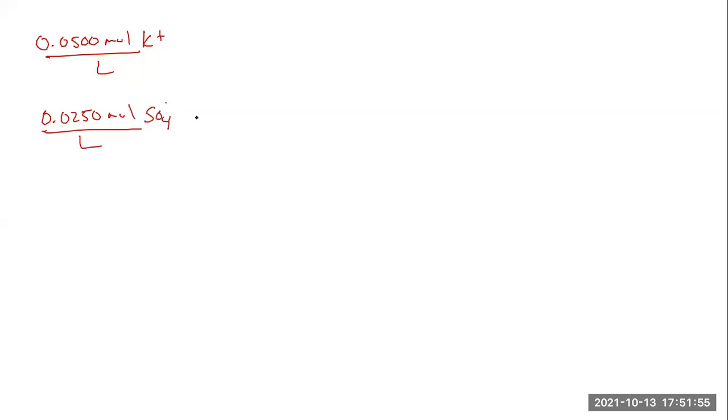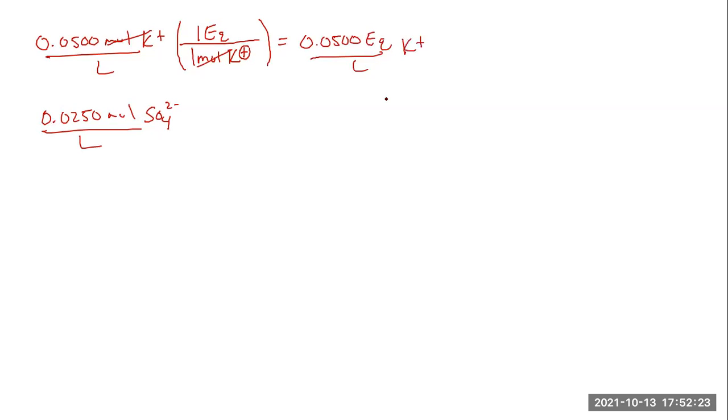Using our equality from before, 1 mole of potassium, which goes on the bottom, gives us 1 equivalent. Because potassium is +1, that allows the moles to cancel, and I end up with 0.05 equivalents per liter of potassium.